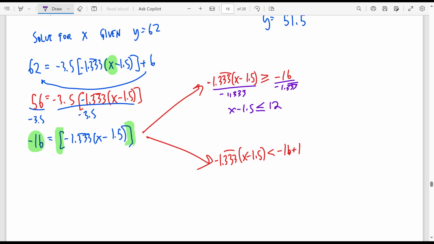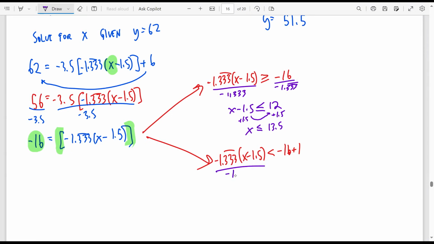If you want me to go over it again, please just bug me, nudge me, or ask any questions. But for right now, just know when I divide by a negative, the inequality is going to switch. It's still going to be equal to, though. And then I would complete the rest by just adding 1.5 to both sides. X is less than or equal to 13.5. So that is one part of the range and the final answer here.